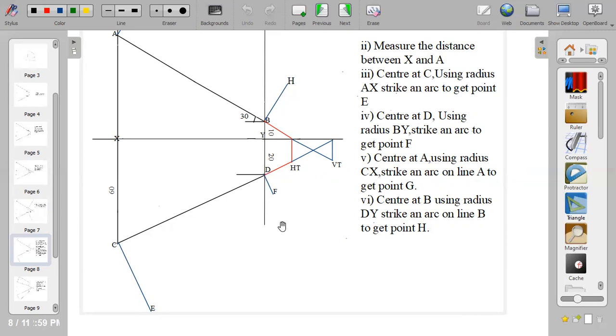So we are going to repeat this on AB. The same thing we did to CD is the same thing we are going to do to AB.